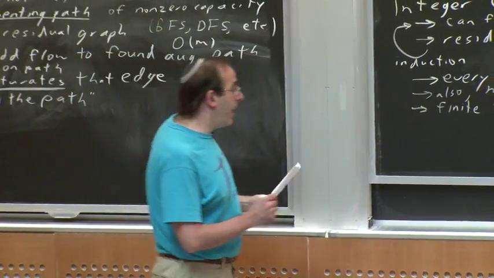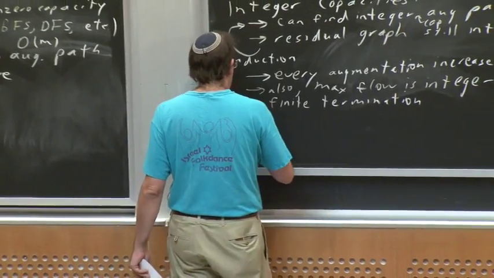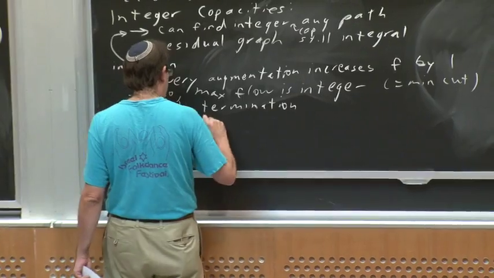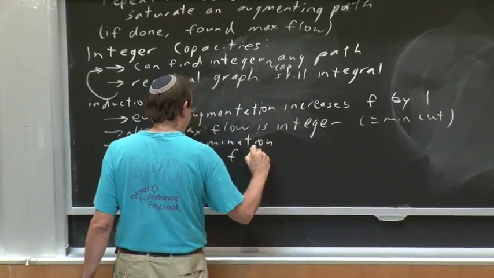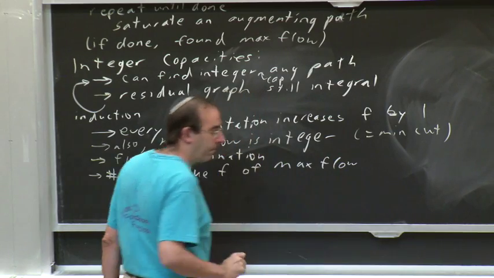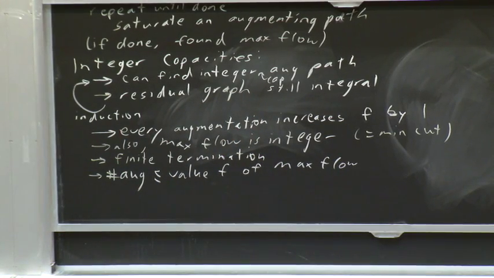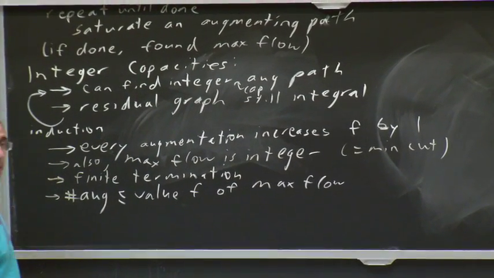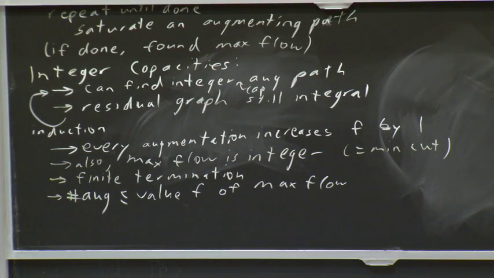But for starters, for now, let me assert that the number of augmentations is at most the value f of the max flow. Okay. Now, how long does a single augmentation take?